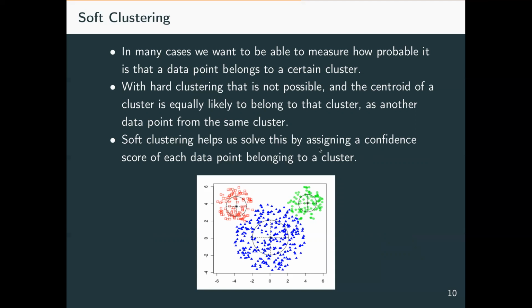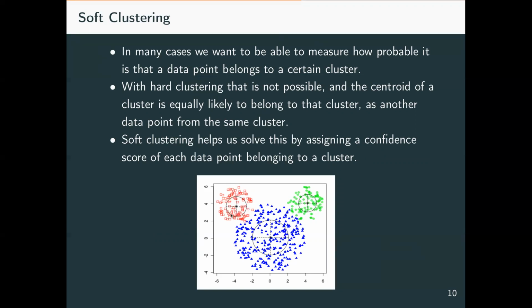And in soft clustering, we actually assign a confidence score. So, for example, in this plot, the data points that are inside the circle have a high confidence score.